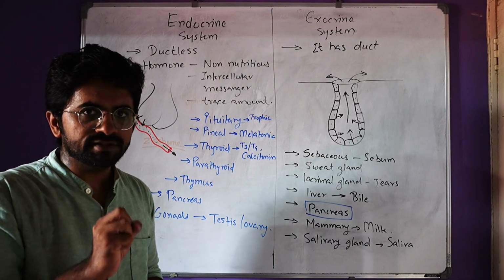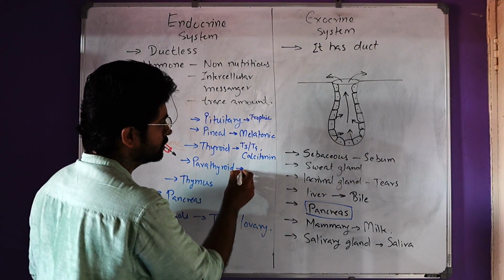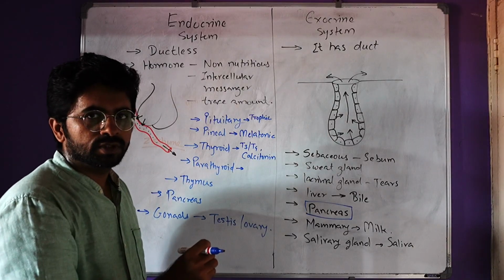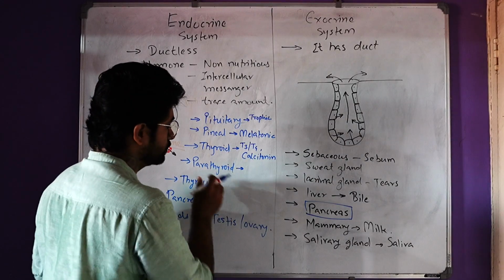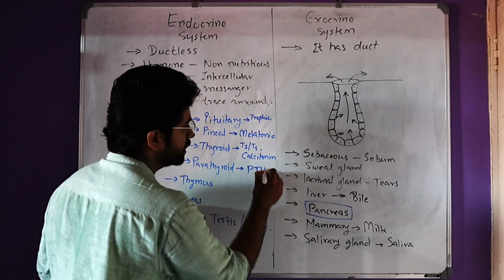Okay, it retains the calcium inside the bone. Whereas the parathyroid hormone is antagonist to calcitonin. It maintains the calcium level in blood. Parathyroid gland releases parathyroid hormone.